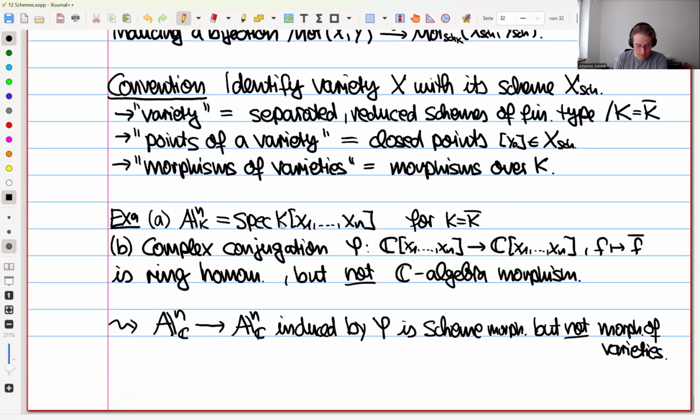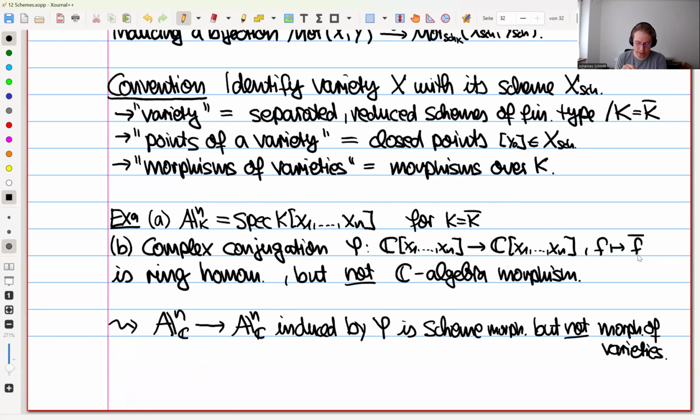Then this ring here is the polynomial ring over the complex numbers in these n variables. As purely rings, there is a ring homomorphism between them, which takes a polynomial and sends it to the same polynomial where you take complex conjugation of each of the coefficients. For example, the polynomial x plus i would go to the polynomial x minus i.